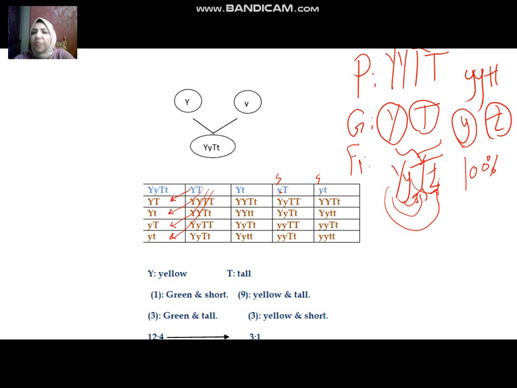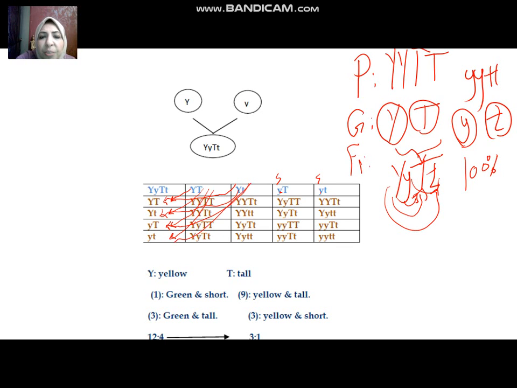We will transfer to the second gamete. First with first: the result will be Y capital, T capital, and T small. First with second, Y capital, T small, T small. This with third, Y capital, Y small, T capital, T small.